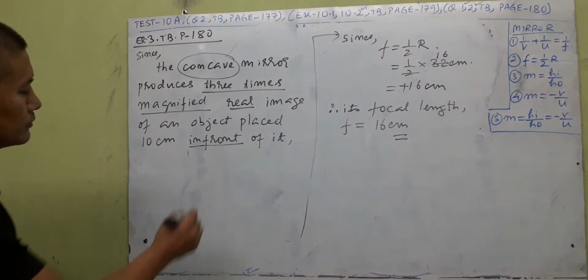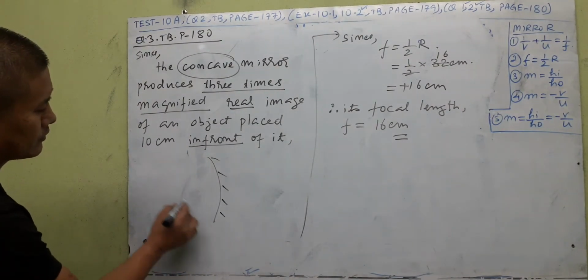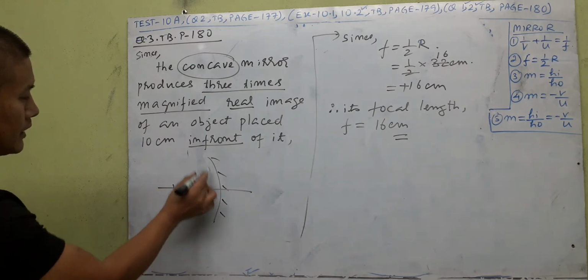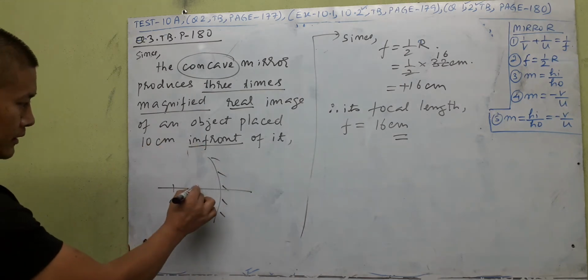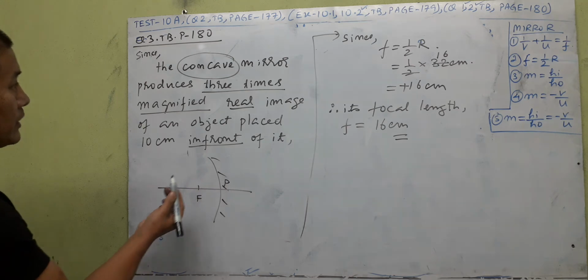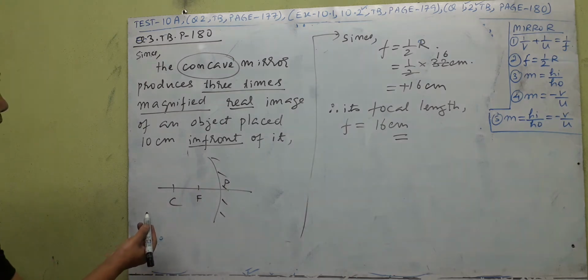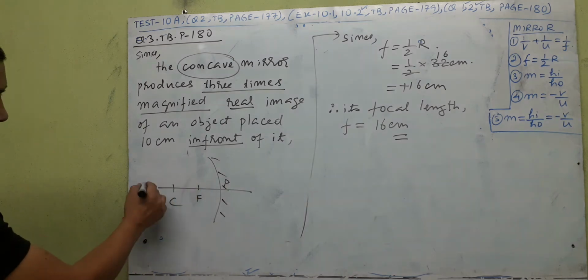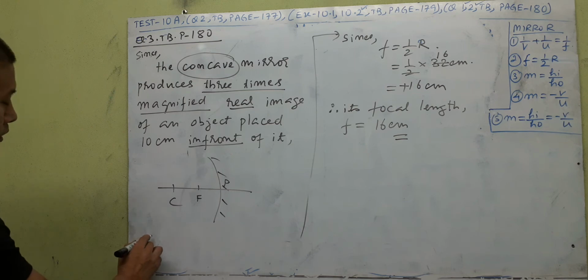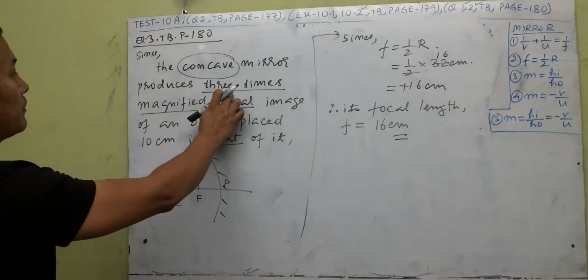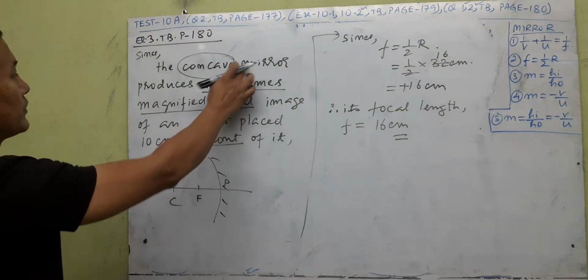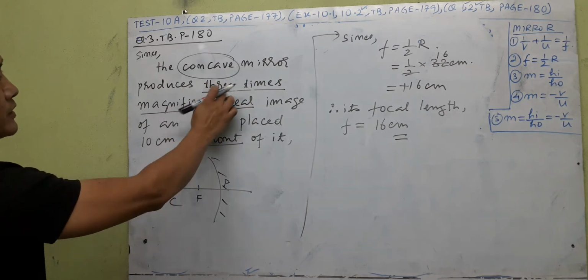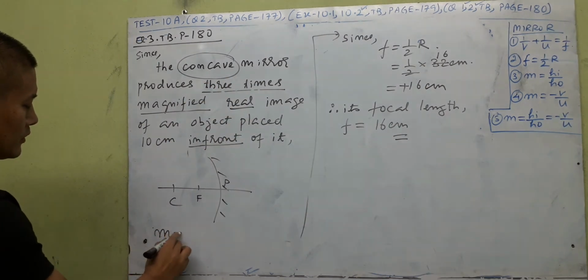So here, concave mirror, obviously, so reflecting surface facing left, so C bulge like this, so C there, F and P, and the information given to us is the object is on the left, so U. Okay, M, the mirror produces 3 times magnified, means M is equal to 3.